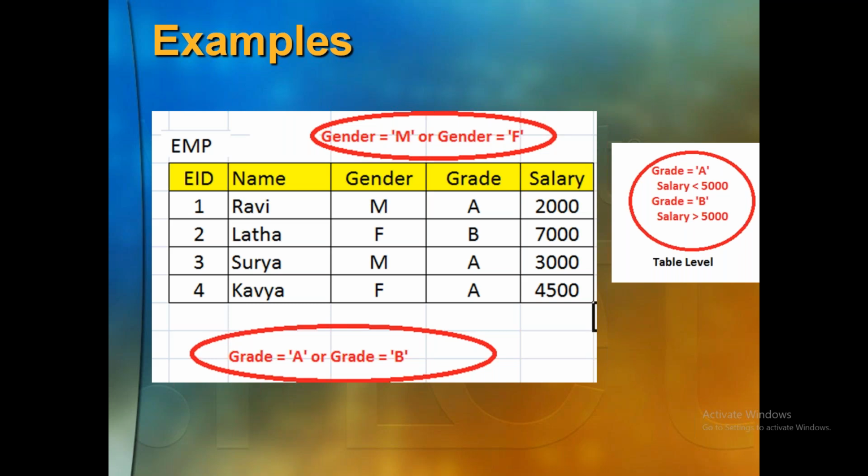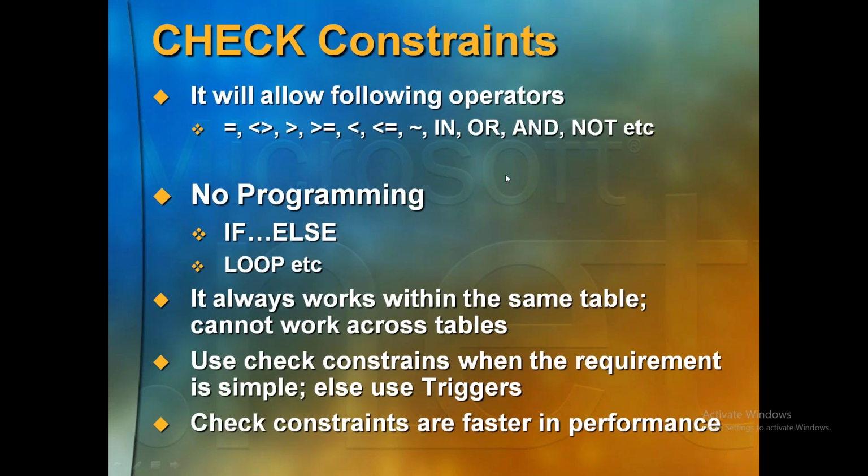Police cannot handle it; the army, navy and air force, the defense people, can handle it. Simple things can be resolved by police. Complex things, like wars, are handled by the military. Clear? Simple validations can be done by check constraints, and complex validations can be done by triggers, right?